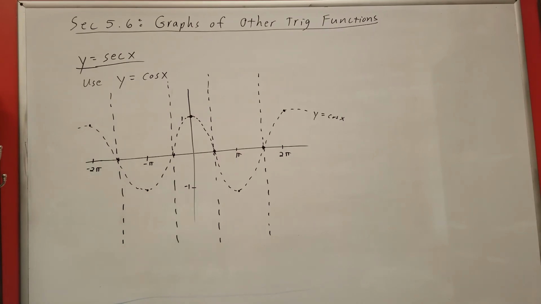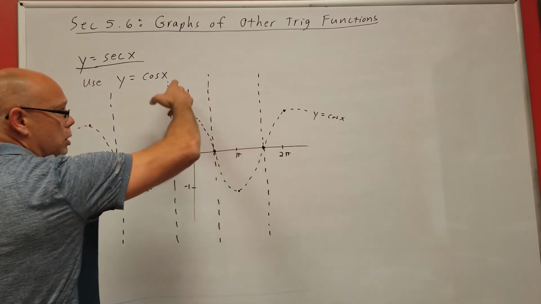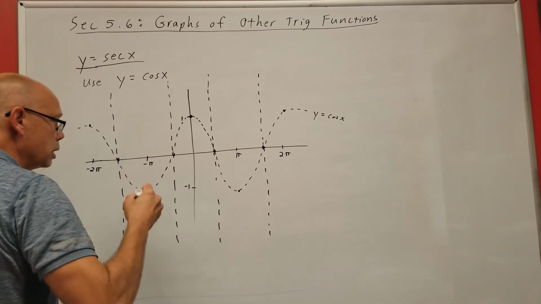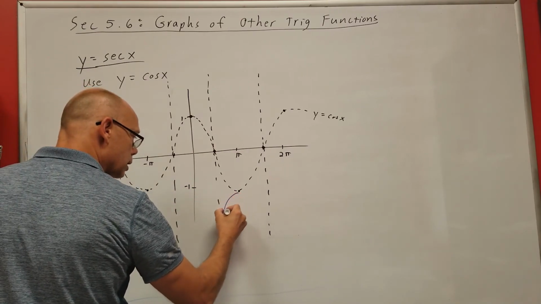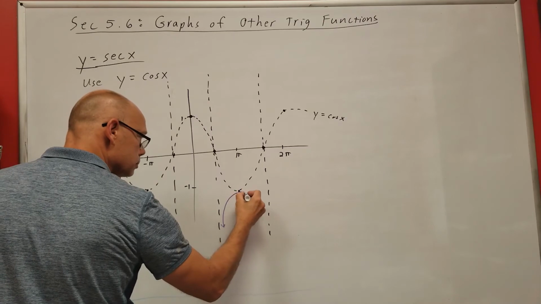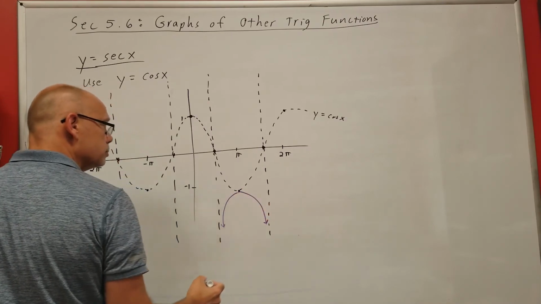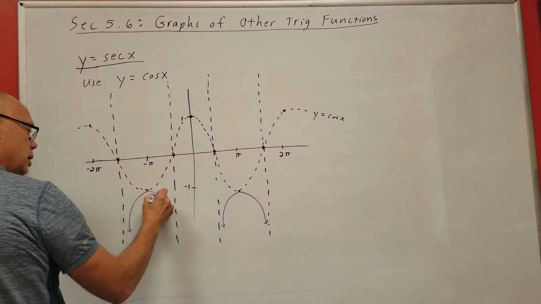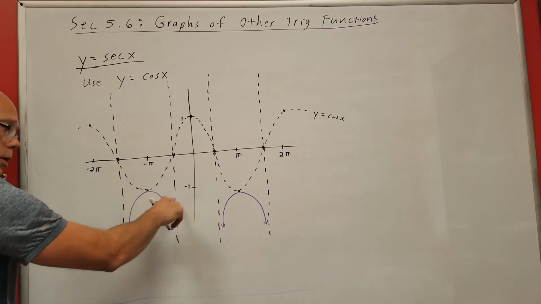All right, just like last time, at the maximum, you're going to draw a U shape. At the minimum, you're going to draw U shapes. Okay, so right here, we're going to have kind of like a U shape coming down, like that. Right here, you're going to have this shape again. Now notice you don't touch or cross your asymptotes.